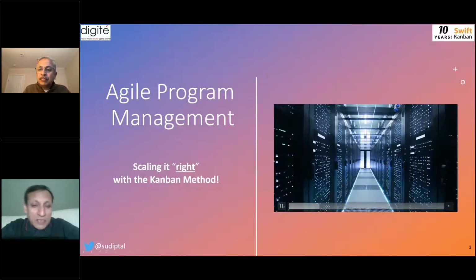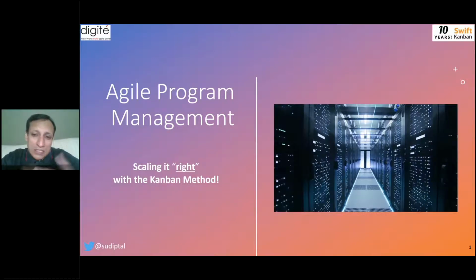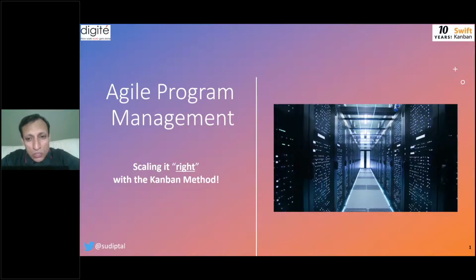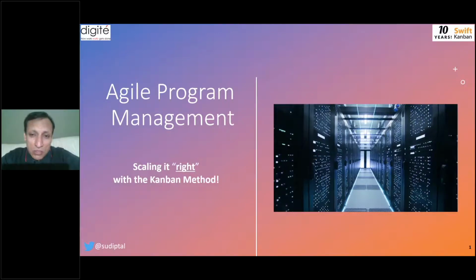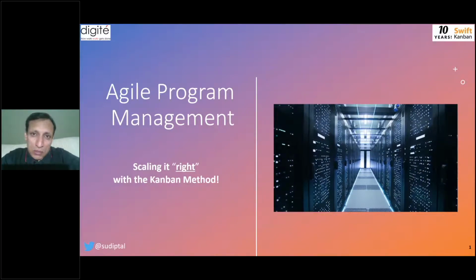So once again, thanks everyone for spending the day with us, and hopefully we'll be able to settle some of the issues around program management and some of the concepts around program management, and how you can use some approaches, some of the thoughts that are available within the Kanban body of knowledge to actually do program management.